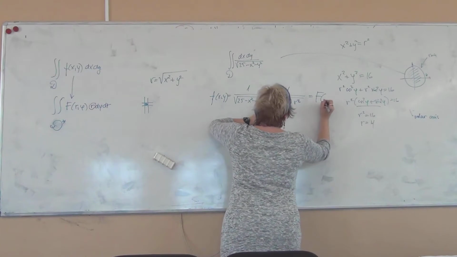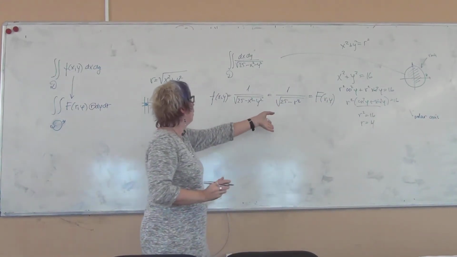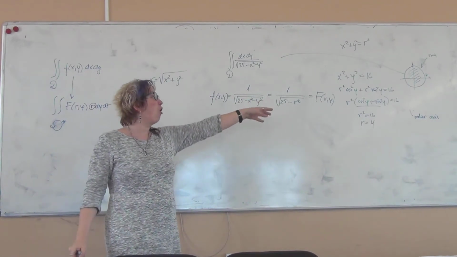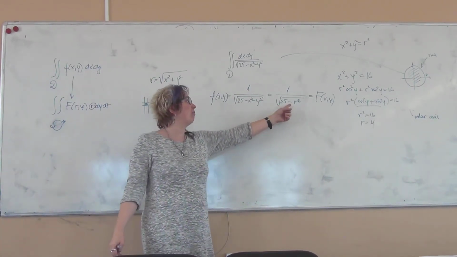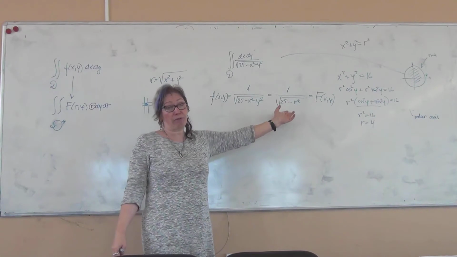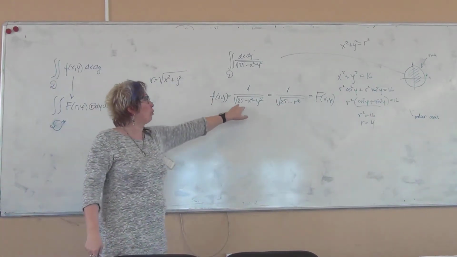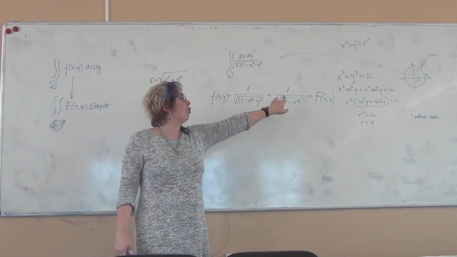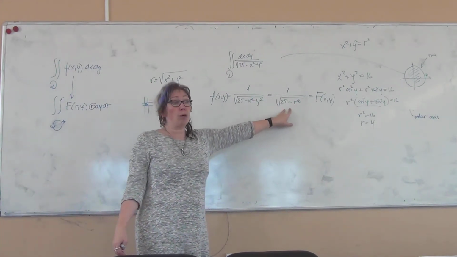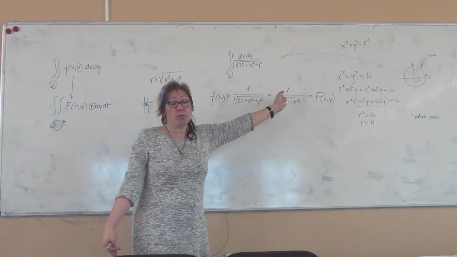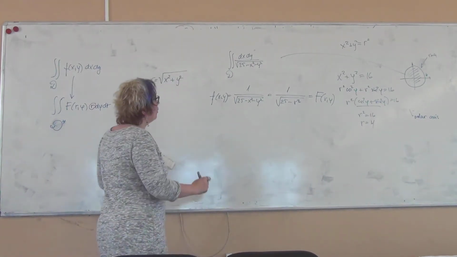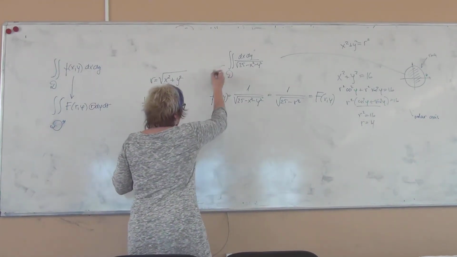So this is the function in terms of r and phi, and we can see that this is simply for all values of phi. Obviously, phi does not influence the value of the function, only the r value does. So here we had two variables, and very fortunately, in the new form, we only have one variable. That makes things simpler. And now we have to change this integral.